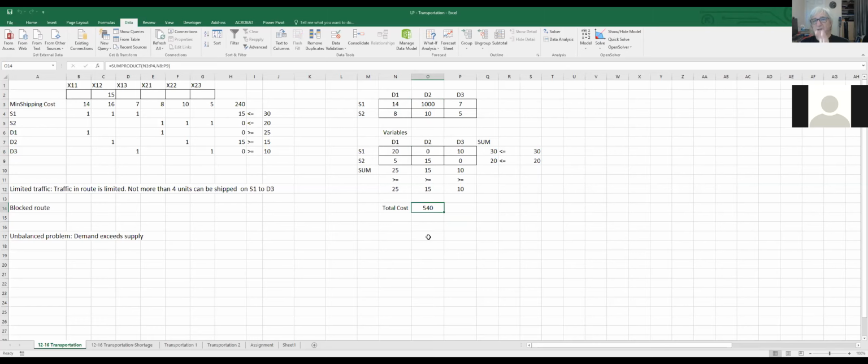Transportation is notoriously known to have many optimal transportation combinations with the same minimum cost. The only problem is to find the others. So solver does not give you the others, but there are indications in the sensitivity analysis how to look for them. And this is a point I want to make next time, just to complete the discussion on the sensitivity analysis.